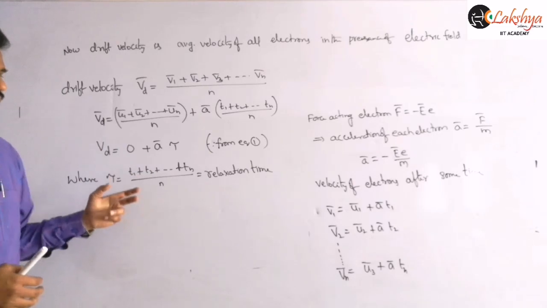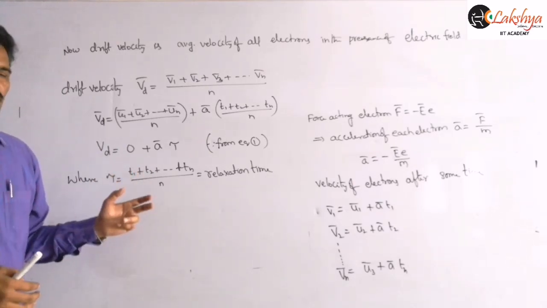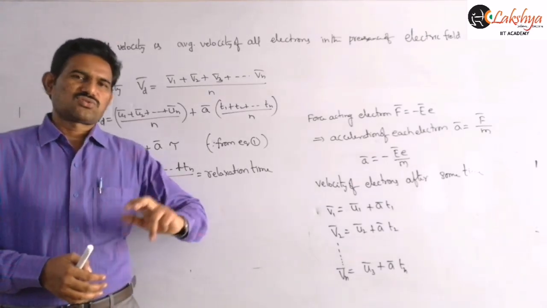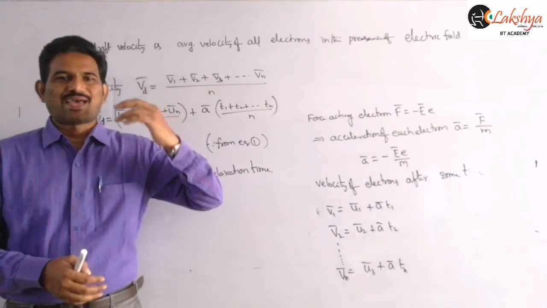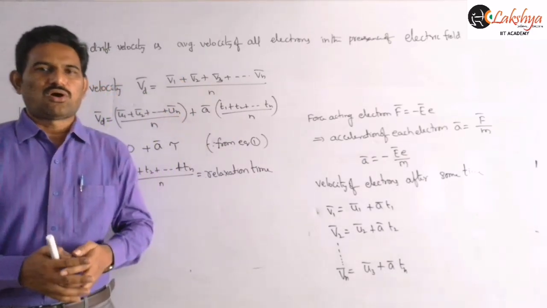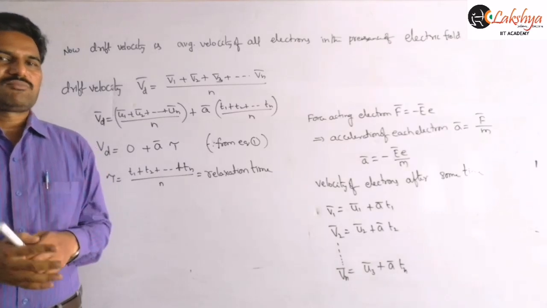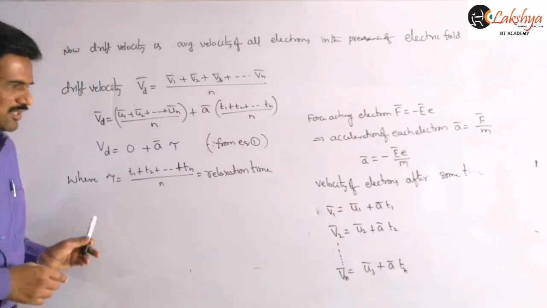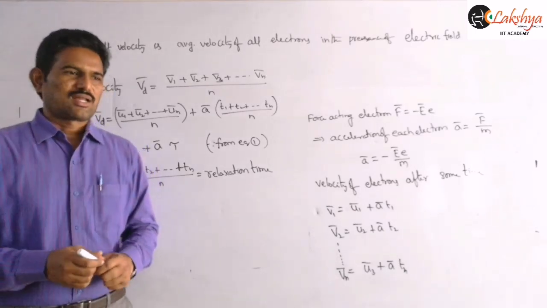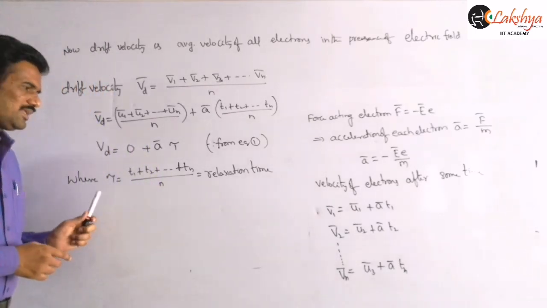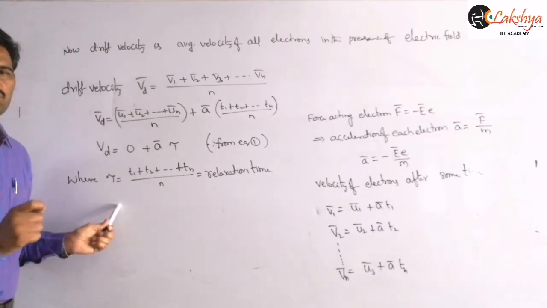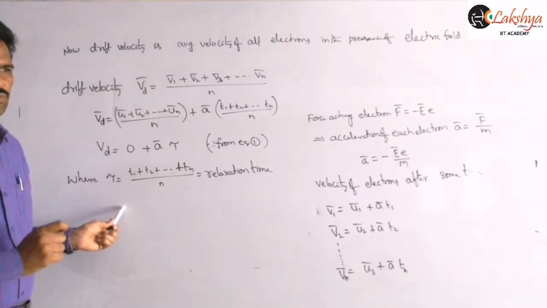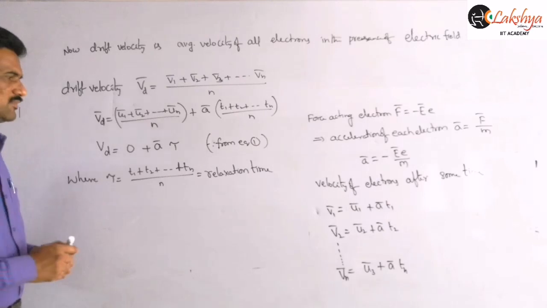So now this relaxation time is the time interval, or the average time interval between two successive collisions for all the electrons. As a whole, if you are calculating for all the electrons, the average time interval between two successive collisions is nothing but what we call relaxation time, right? Here write the definition also. Relaxation time means the average time interval between two successive collisions is called relaxation time, right?